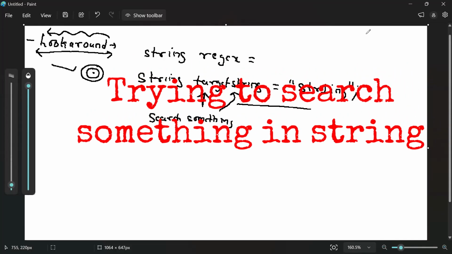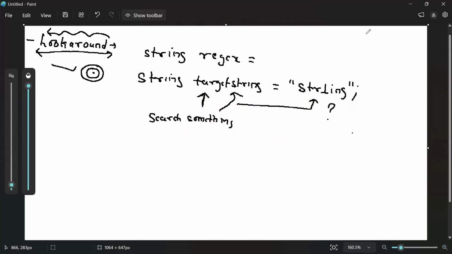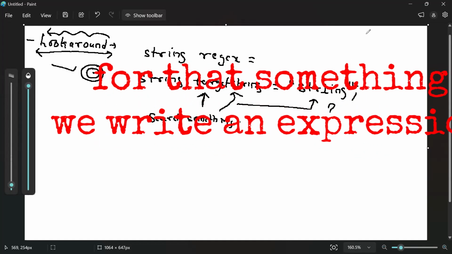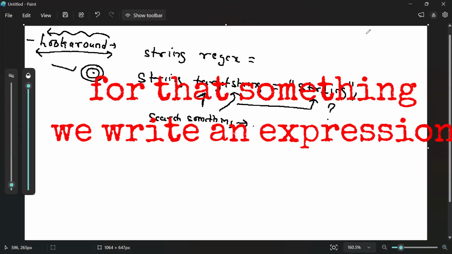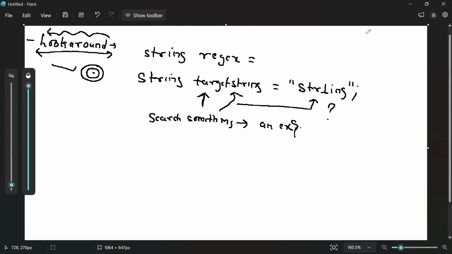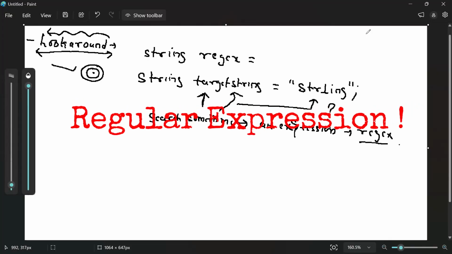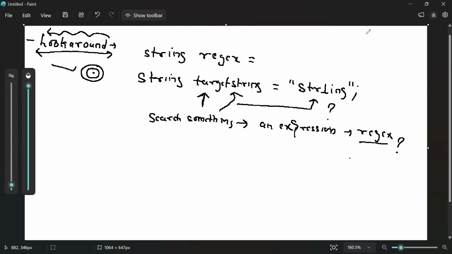And for that something, we write an expression, and we call that expression a regular expression, that is regex. That is the concept we have been discussing, right?